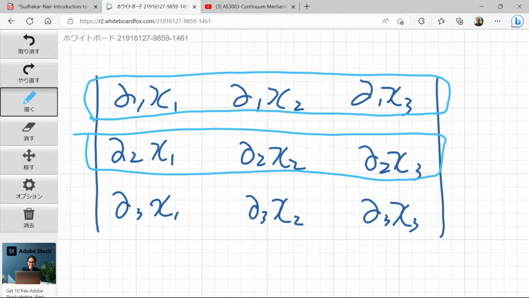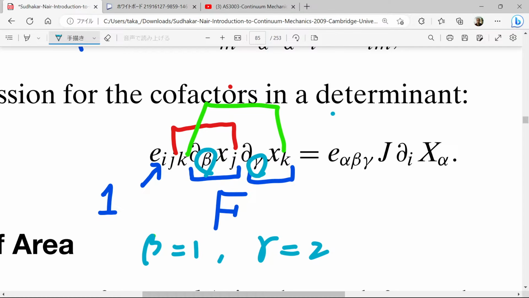Am I correct? I don't think we can choose the same.